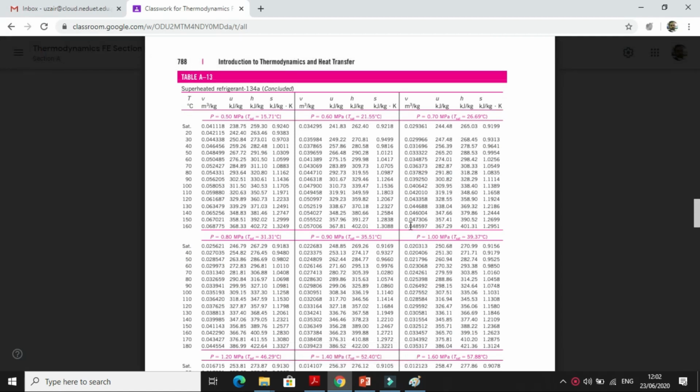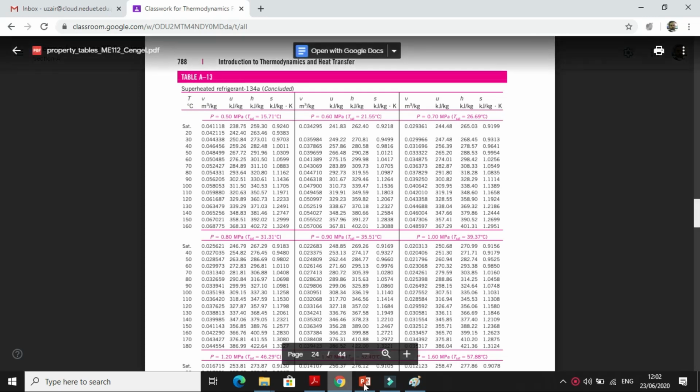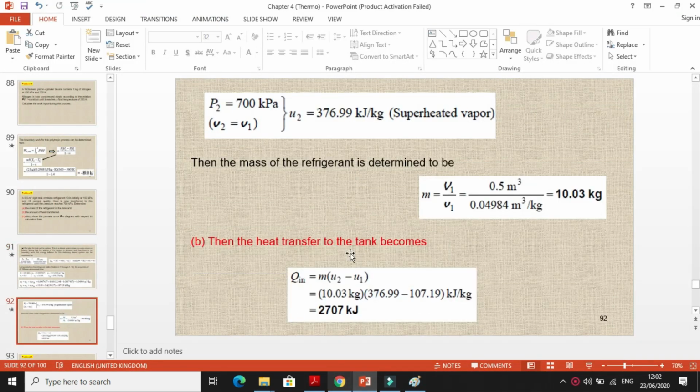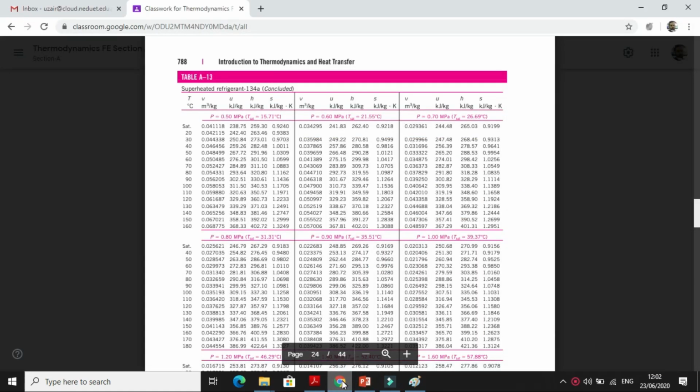It means we have to perform interpolation in order to get the internal energy. When we perform the interpolation, we get the answer of 367.99.